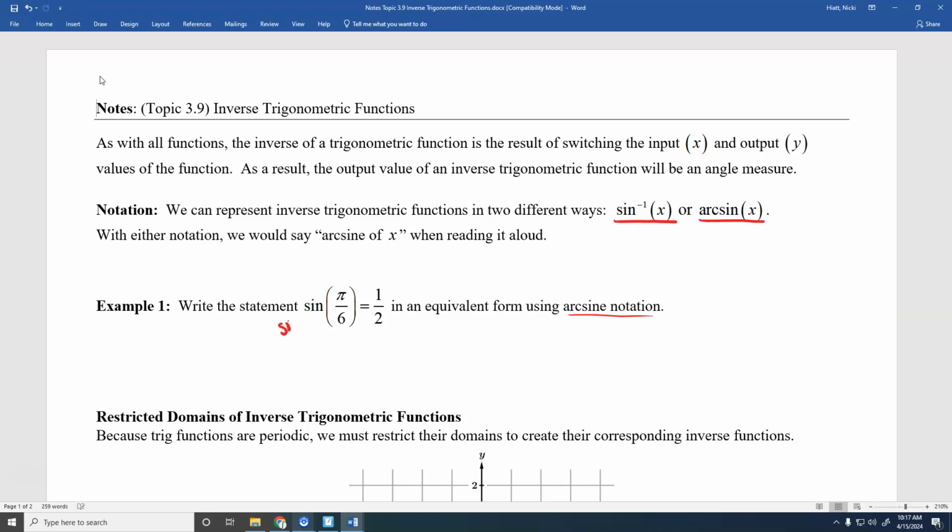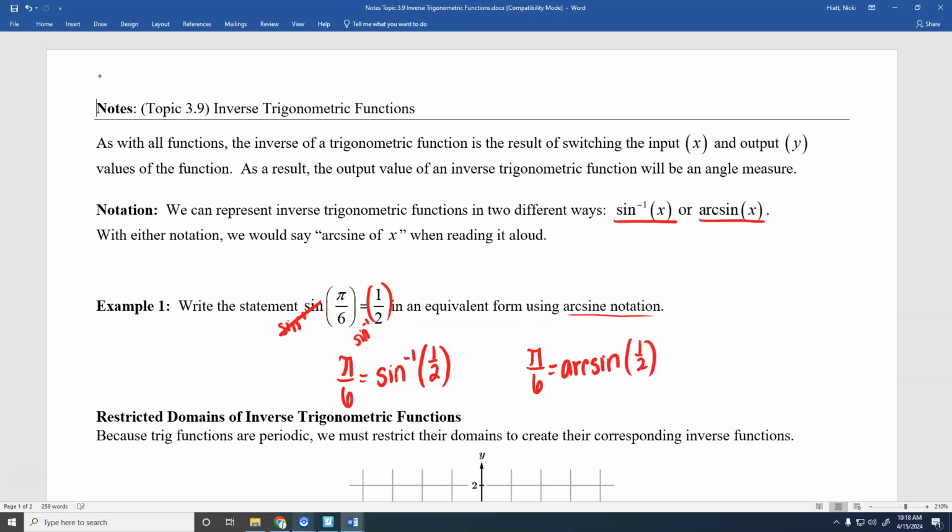You can do sine inverse notation here, which will cancel out here, and you're doing sine inverse on this side as well. So you should get pi over 6 equals sine inverse of 1/2. Or you could write it this way, pi over 6 equals arc sine of 1/2.